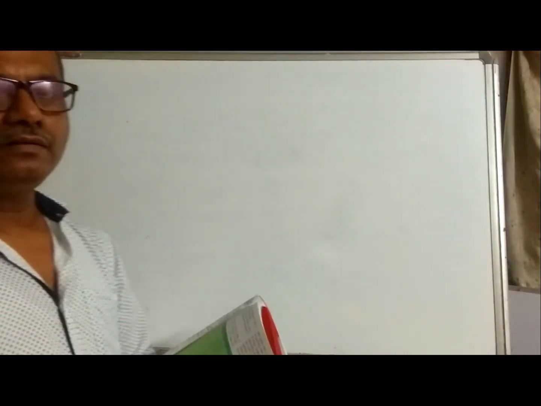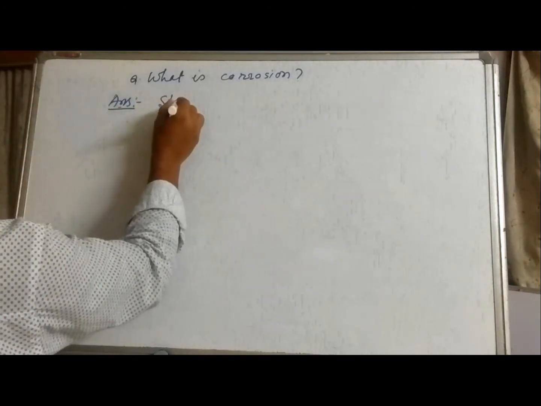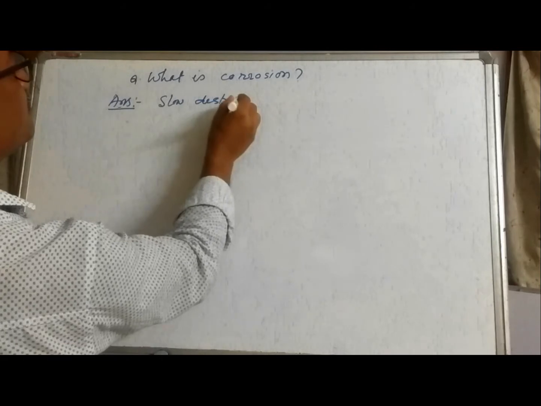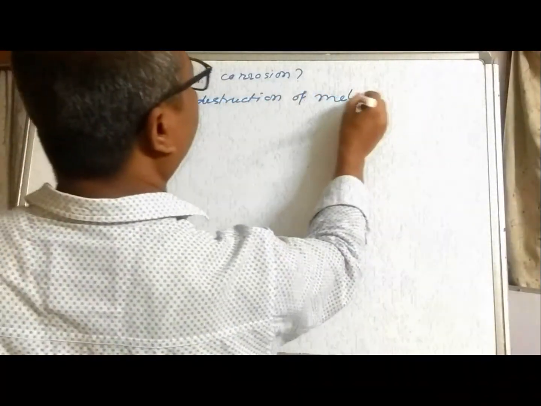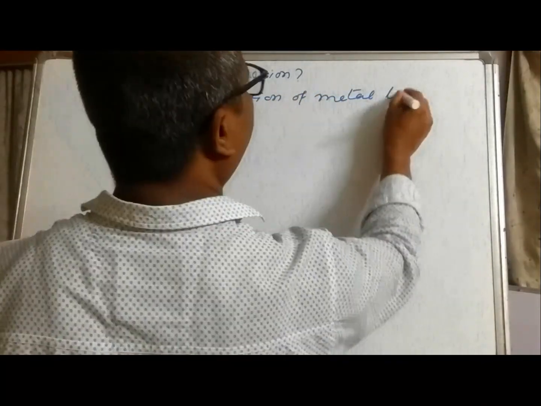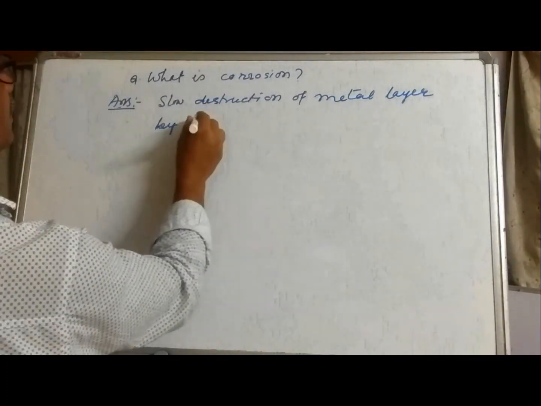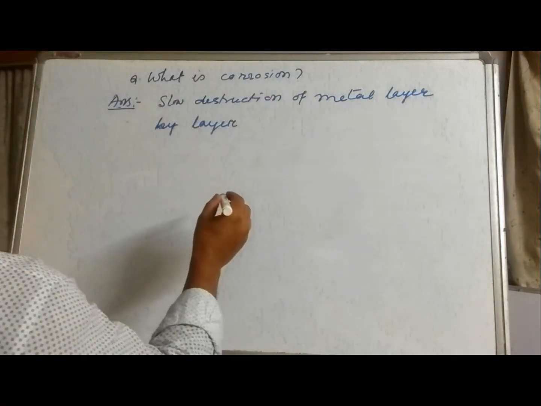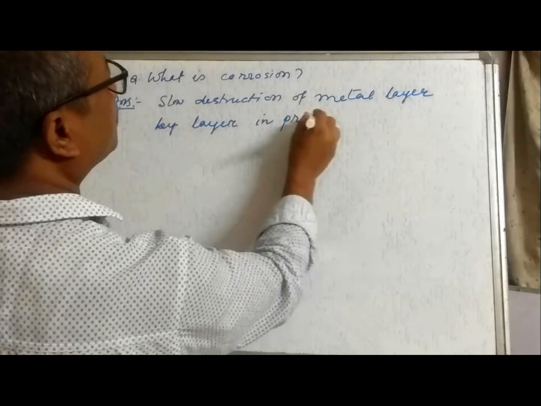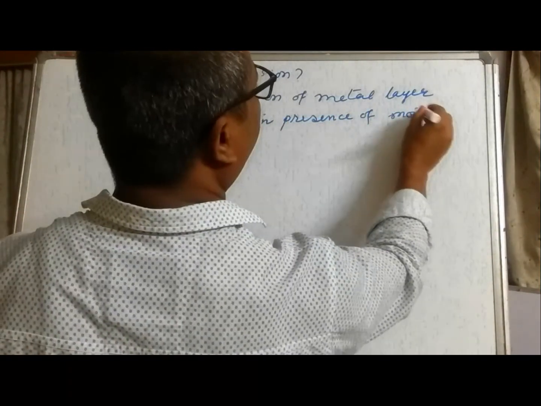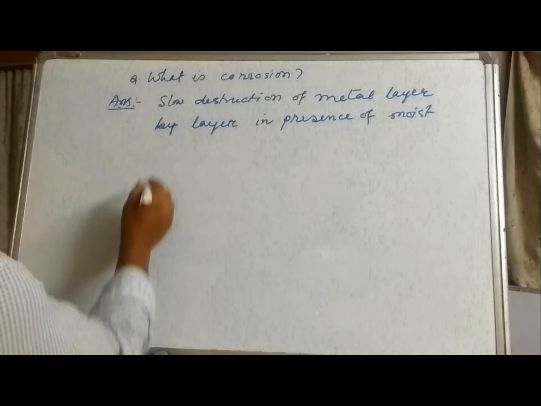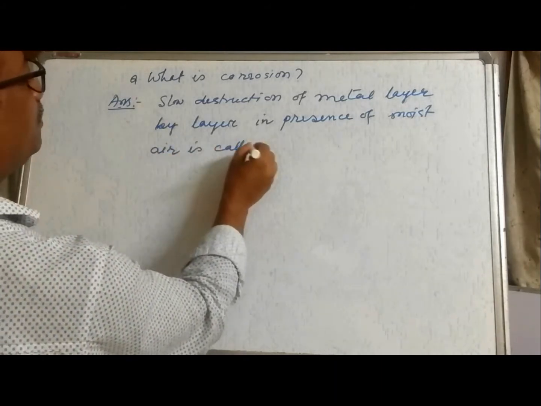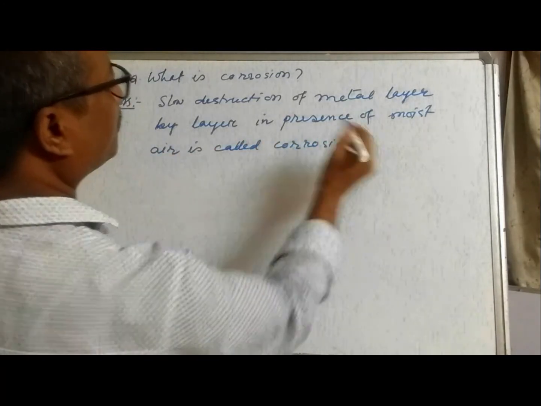My dear children, now we will read about corrosion. What is corrosion? Slow destruction of metal layer by layer in the presence of moist air is called corrosion.